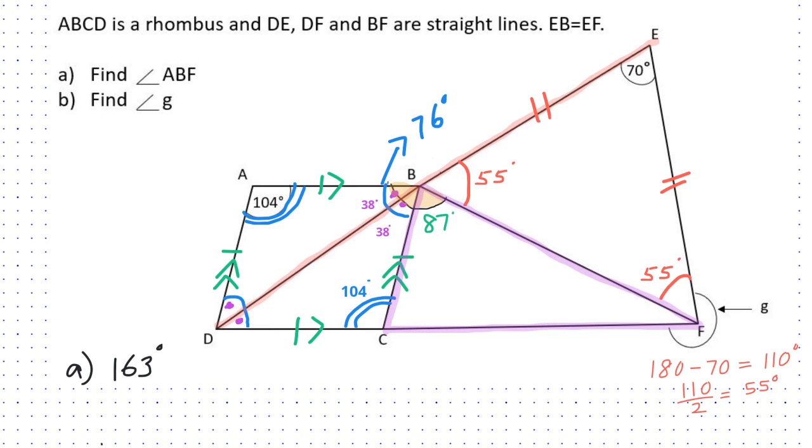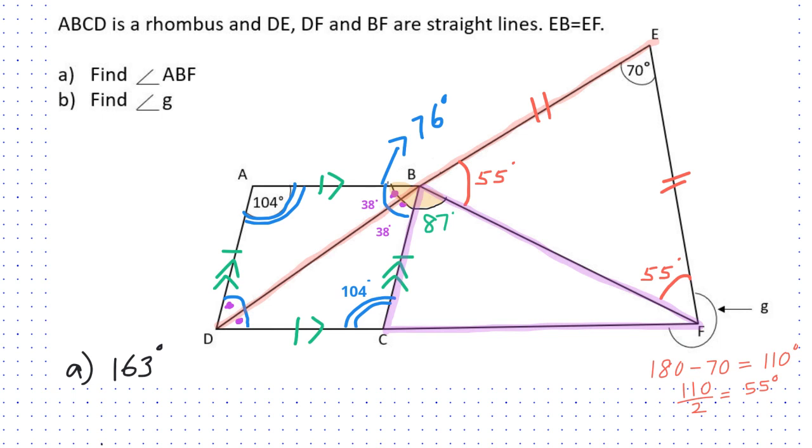So moving on to question B, we need to find the value of angle G. So we know that the sum of angles around a point is equal to 360 degrees. So since we know the value of this angle, let us proceed to find the value of angle BFC.